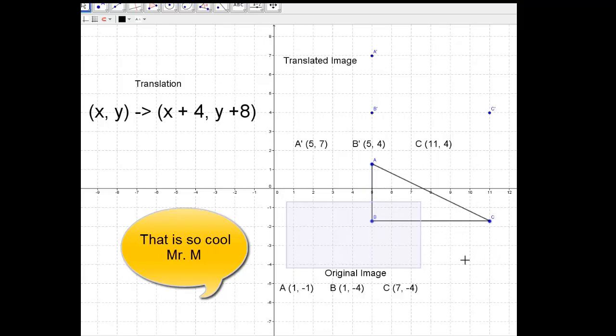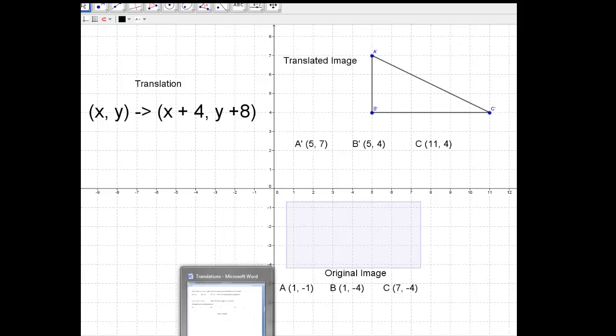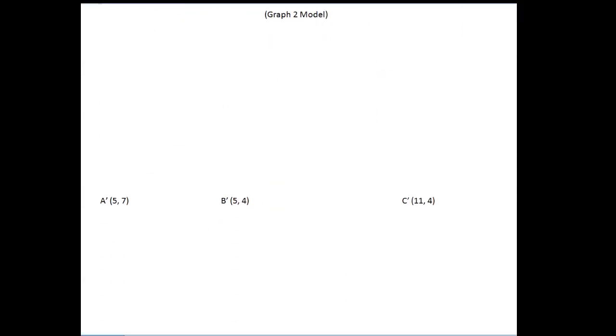It just happens to be the order that I've done it in these examples. And that's it. That's all there is to it, folks. Now it's your turn. And this is where the translated points come out, shown on the screen here.